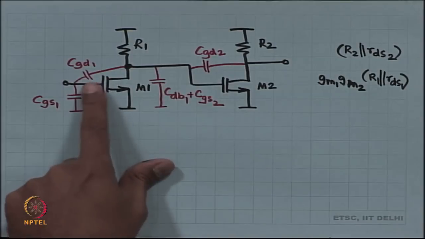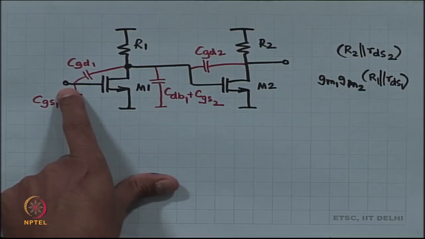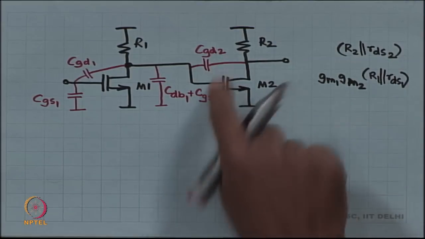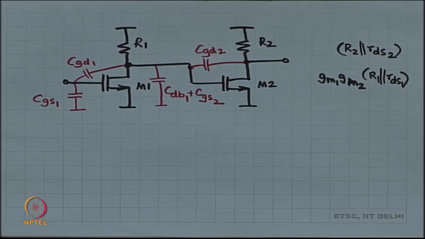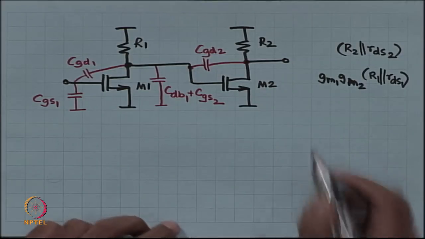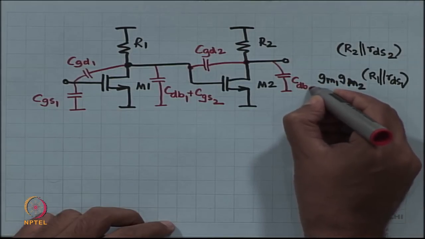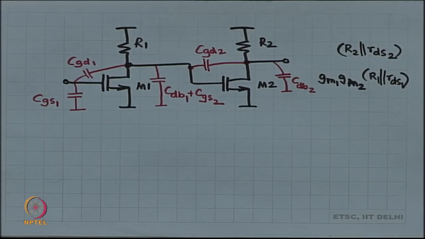Think about it, CGD1 was annoying, CGD2 is even more annoying, because at least in CGD1 sometimes this side is going to be grounded and so on, you have some respite. Here there is no respite. This is the most annoying one of the lot. And then you have C drain to body of 2. And finally, you have C source to body of 2, but that is also irrelevant because both source and body are at ground.